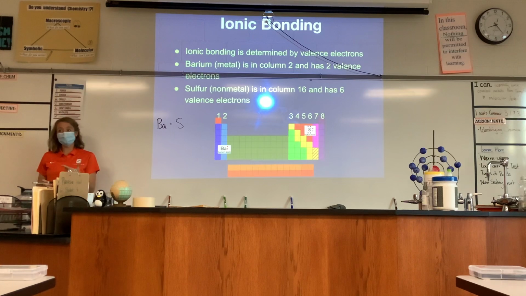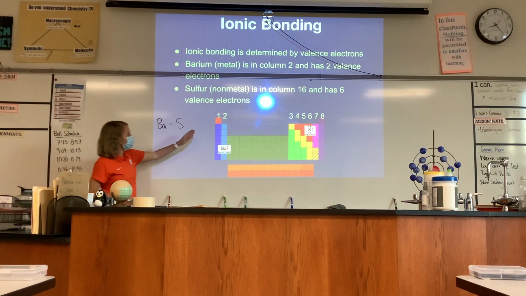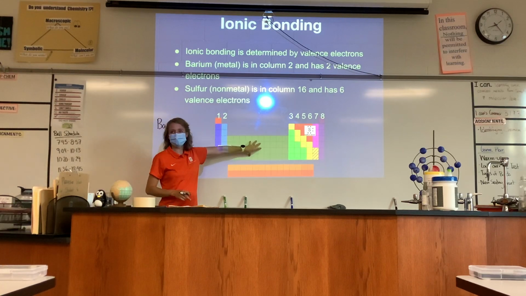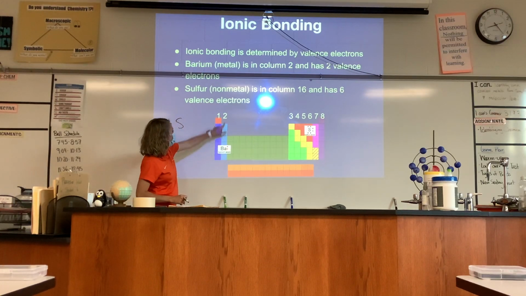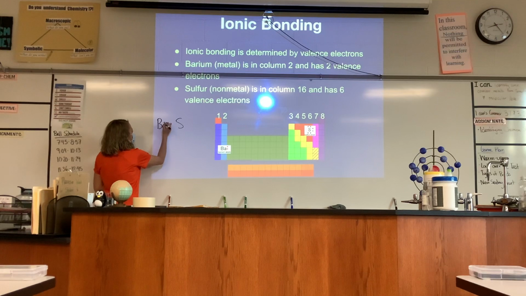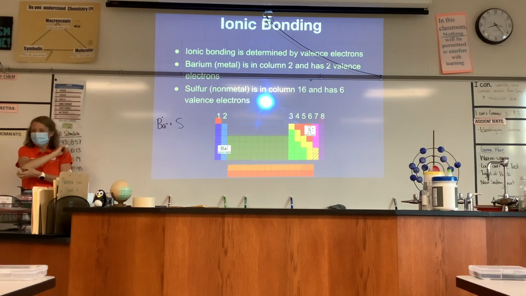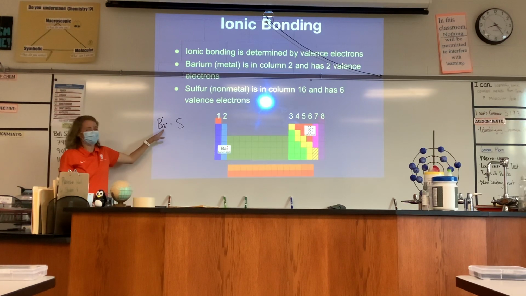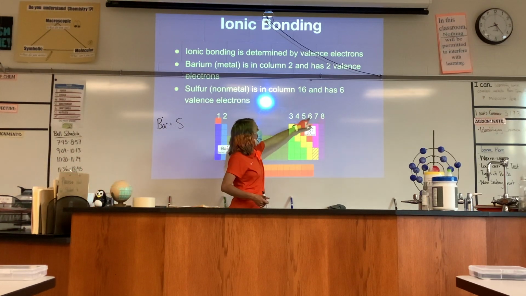This is also a review from last unit: we count these columns, skipping this middle section. Since barium is here, it has 2 valence electrons, so put 2 little dots on barium. Just for vocab's sake, this is known as a Lewis dot structure, where you visually show the valence electrons. Okay, sulfur's in this column and has 6.